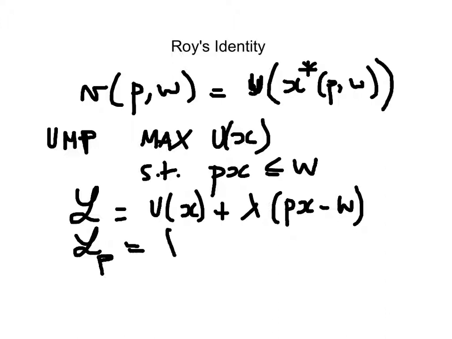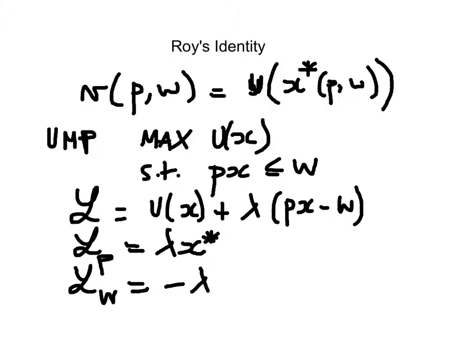is equal to lambda x star. The partial derivative of the Lagrangian with respect to wealth is equal to negative lambda.